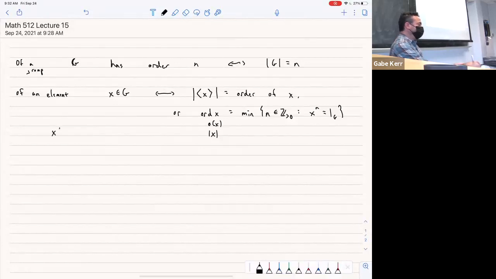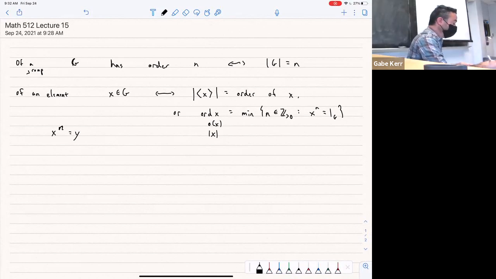People would say something like, the order of x is n, and let x to the n equal y. I would see things like that frequently. So I think the confusion was that if the order of x is n, then x to the n is 1. That's just the definitional thing.